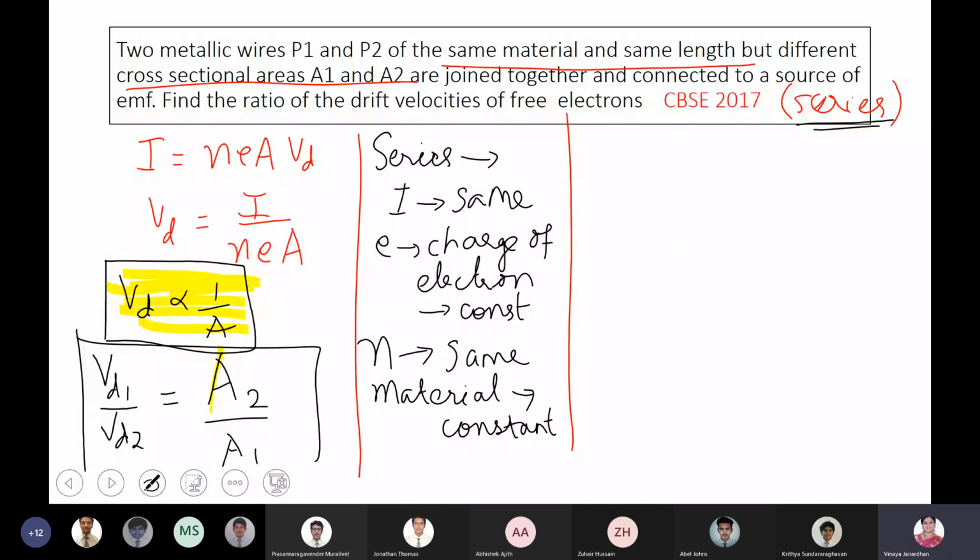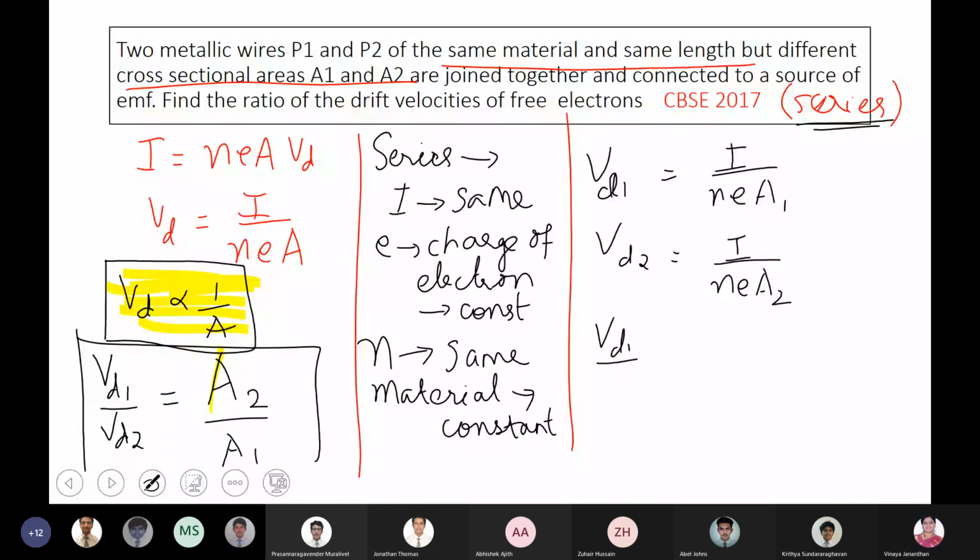See, VD1 will be equal to I divided by NEA1. VD2 is equal to I divided by NEA2. So now you write what is VD1 by VD2. It will be A2 by A1, correct.